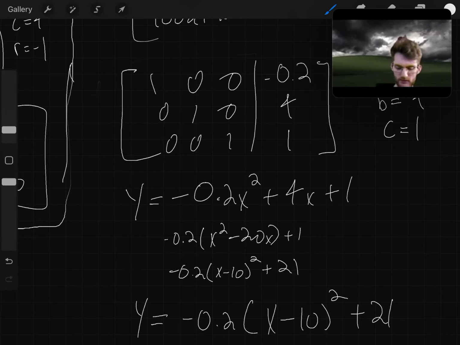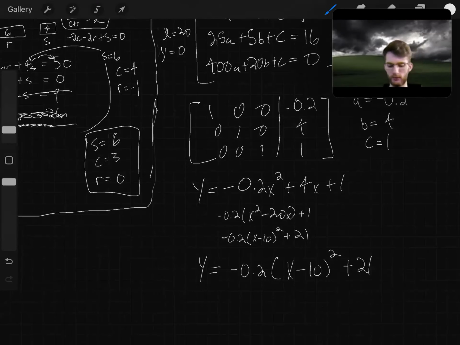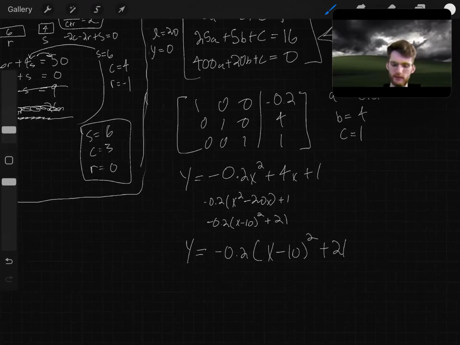This is 21. Yep, there's 100 times negative 0.2. Perfect. Yep, okay, that's right. That means based on completing the square and having it in vertex form, the vertex is at 10, 21.